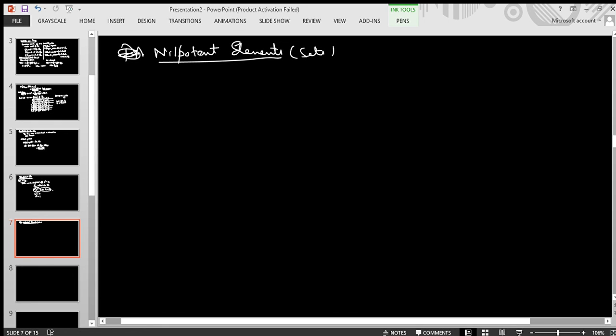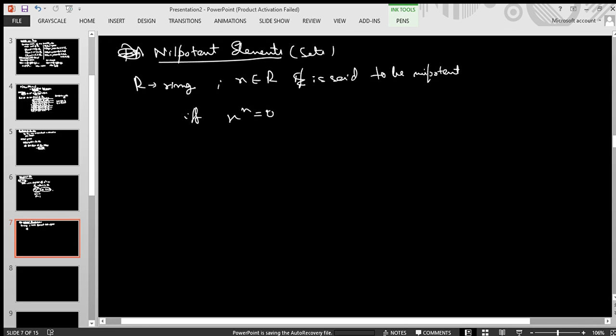So suppose you again take R, which is a ring, and you take an element x from R. So this is said to be nilpotent if x to the power n is equal to 0 for some natural number n.